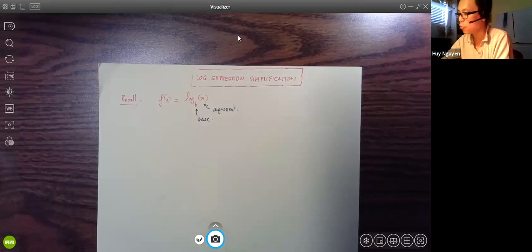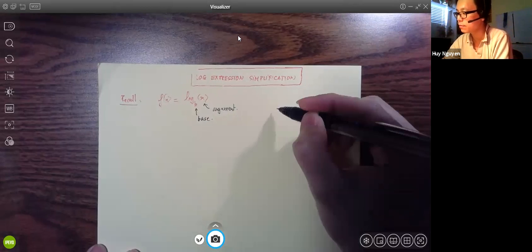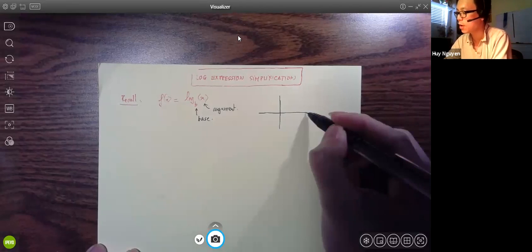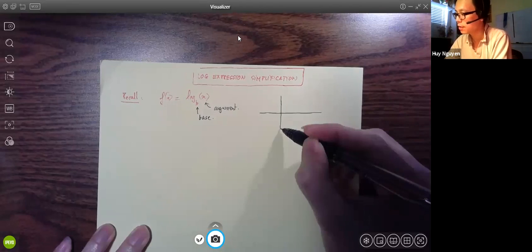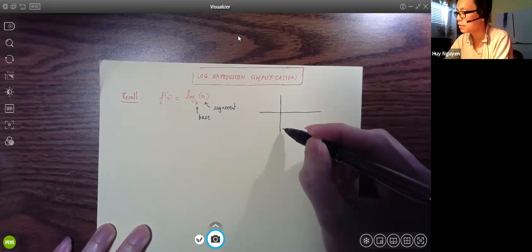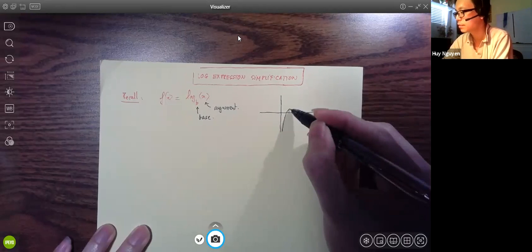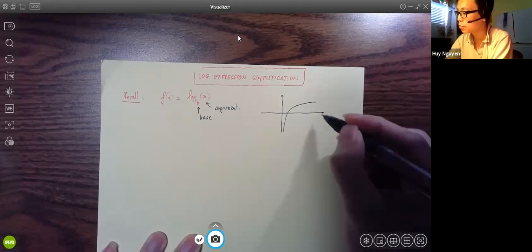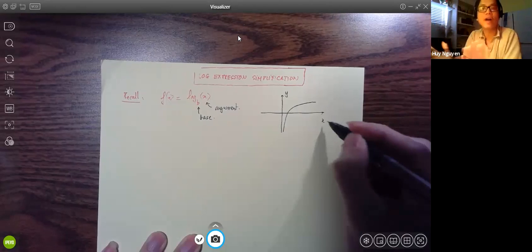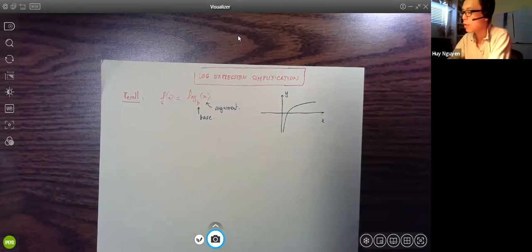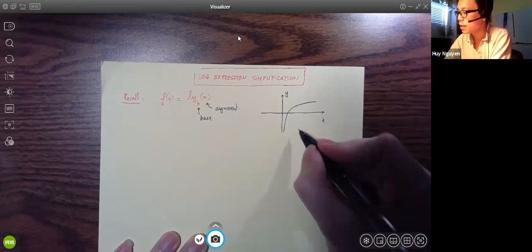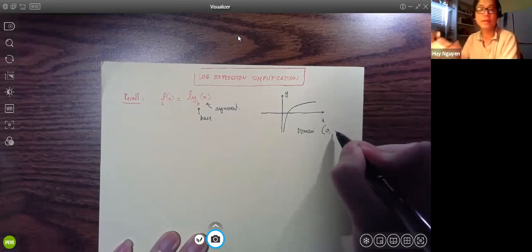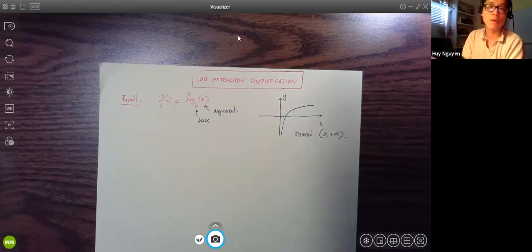And we have the graph of the standard log function. The standard form is something like this. This is y, this is x, and when you look at the graph, you know right away that the domain will be from 0 to positive infinity, because we have a vertical asymptote.